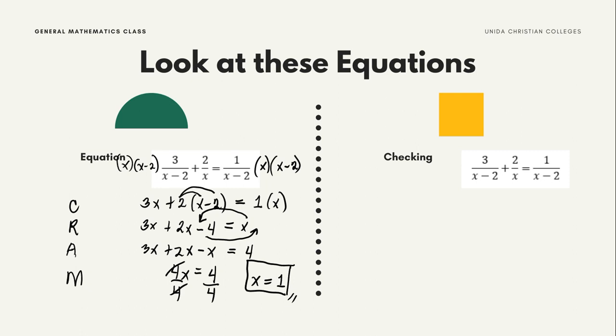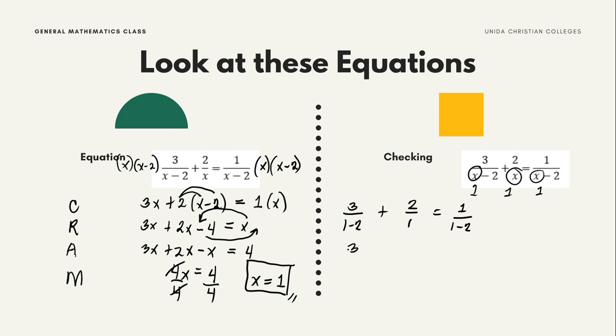Okay, so to check if our answer is correct or if the value of x is correct, then let's have checking. And then all we have to do is to substitute the value of x, which is 1. Okay, so it will become 3 over 1 minus 2 plus 2 over 1 is equal to 1 over 1 minus 2.